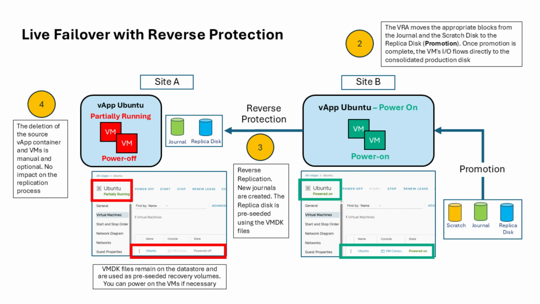Zerto reuses the former production VM disks at the original site as pre-seeded replica disks, instead of copying everything from scratch. The solution reads the former production VM disks at the original site by datastore path as a pre-seed baseline without detaching them from the powered-off VMs.